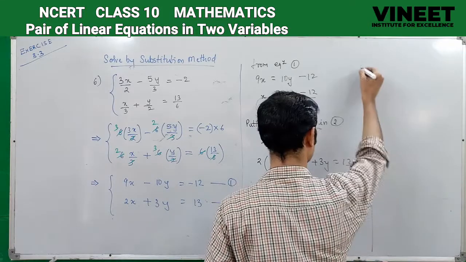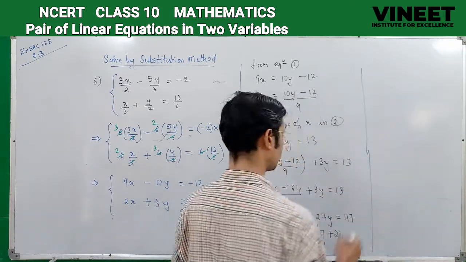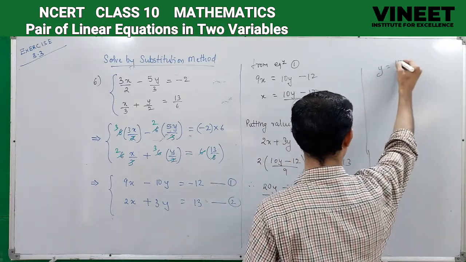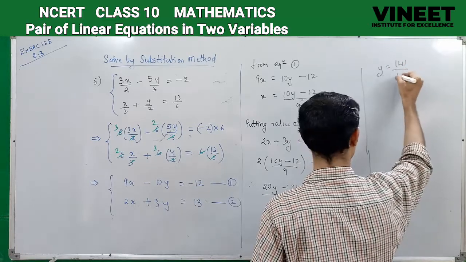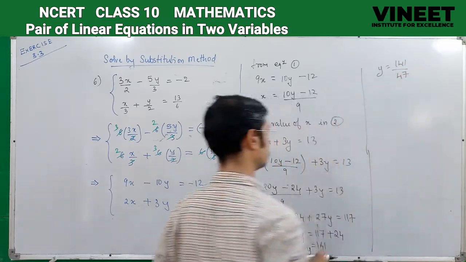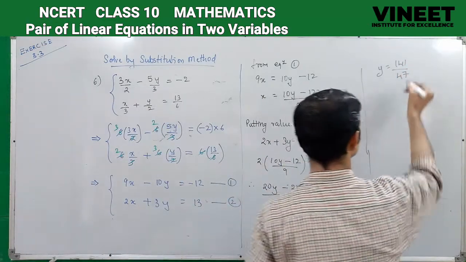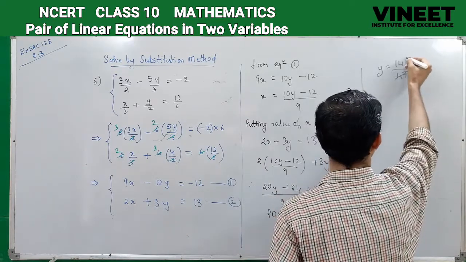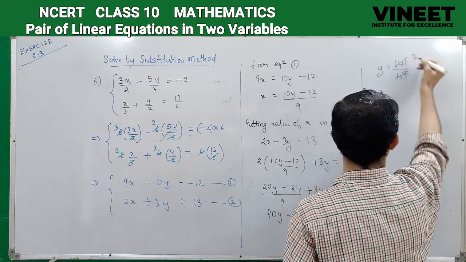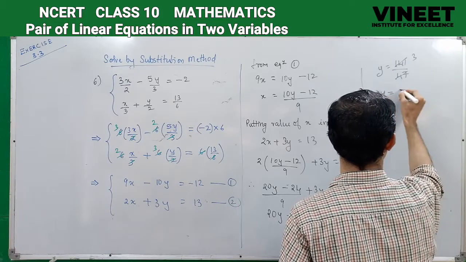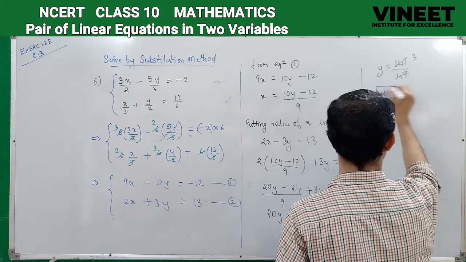So we have y equal to 141 by 47. You can cancel this by 3, so you get y equal to 3.